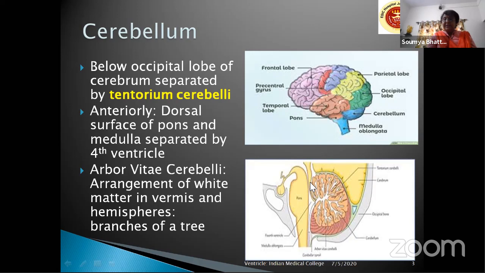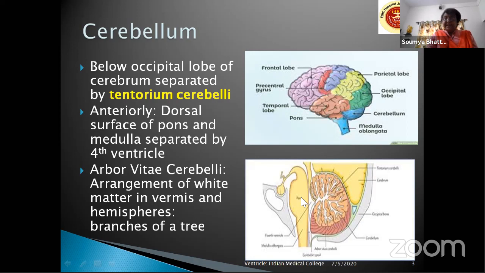The lower diagram on the right hand side shows a cut section of the cerebellum, which is like the branches of a tree. That is why the other name for it is arbor vitae cerebelli, which resembles the branching pattern of a tree.